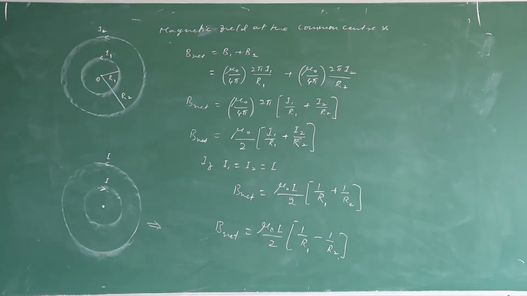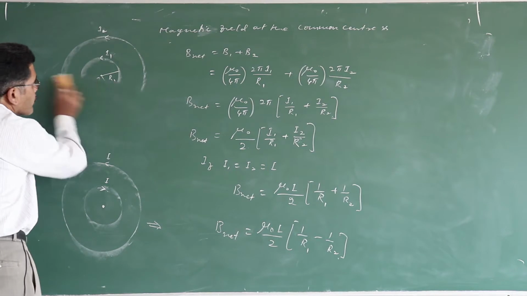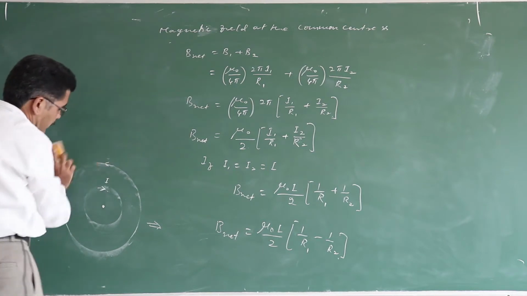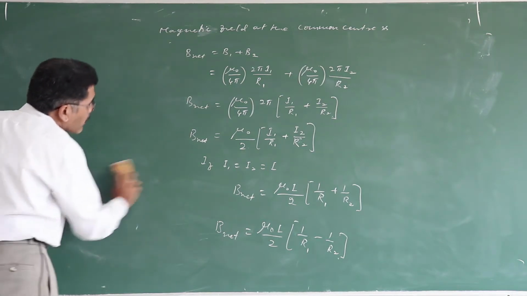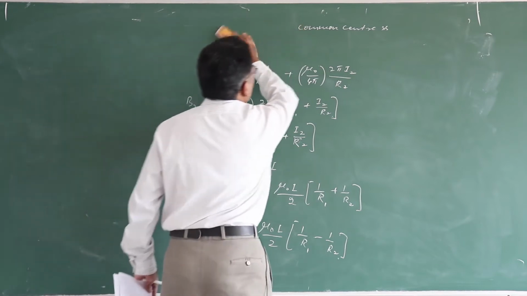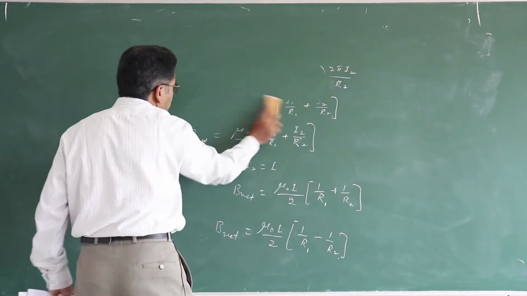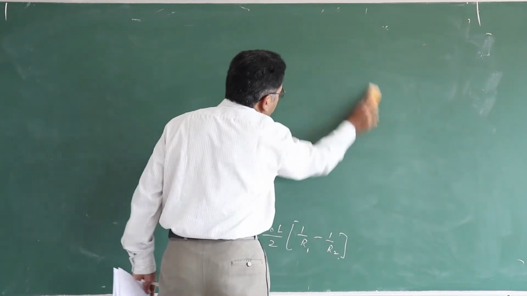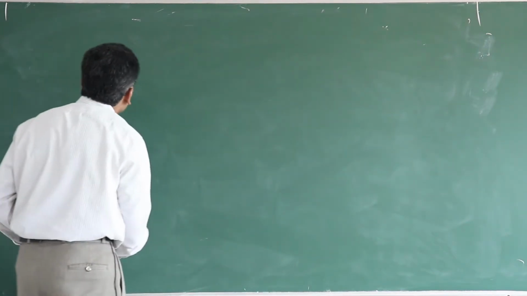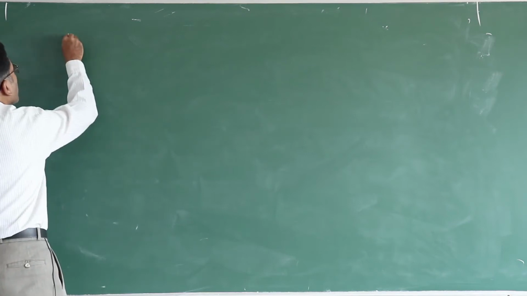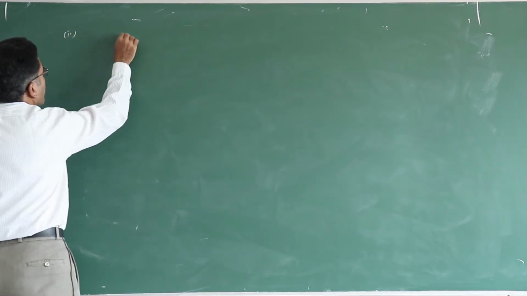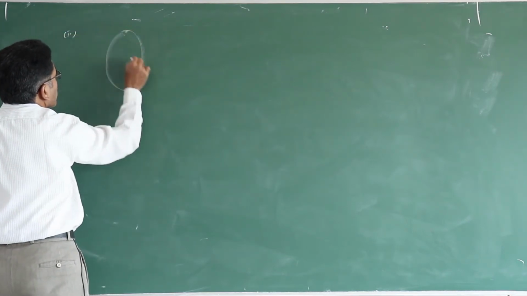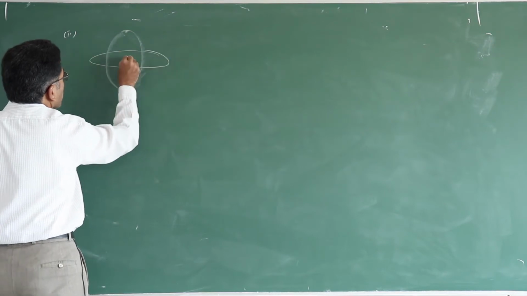Now let me take the situation wherein the two coils are perpendicular to each other. Here we have taken concentric coils. Now let us take coils which are perpendicular to each other. See, one coil is like this, another coil is like this.